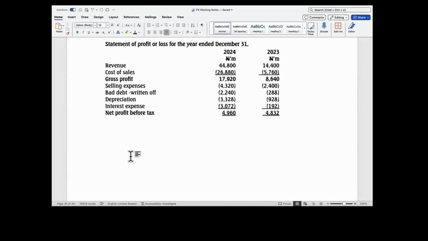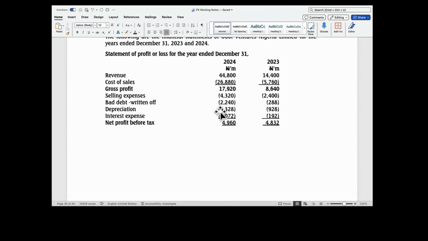We will add the interest expense back to the net profit before tax. Absolutely correct. This is similar to the November 2025 diet, so it's something you find often. Get used to it and don't make mistakes with that.